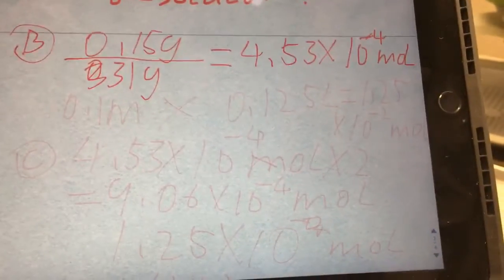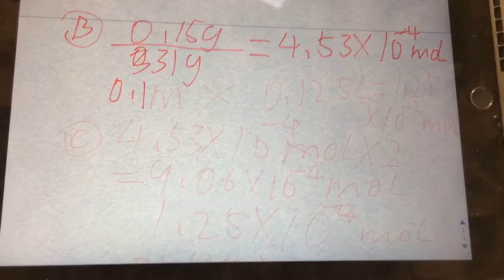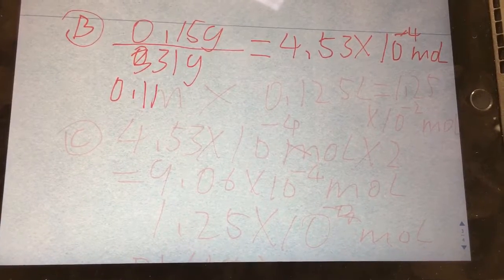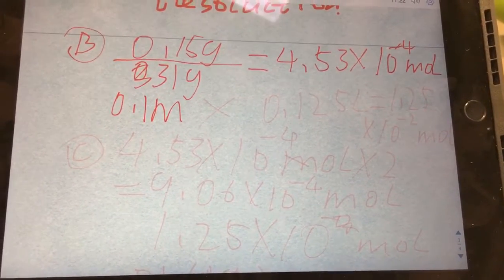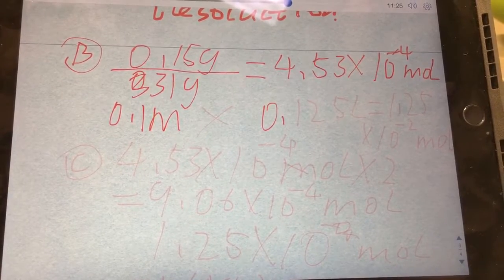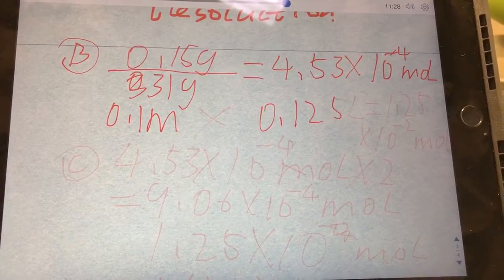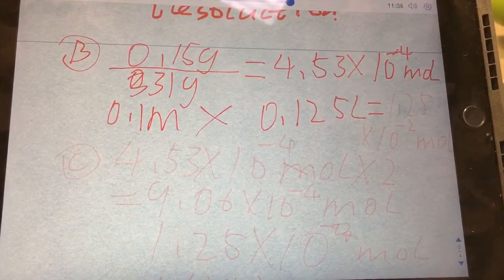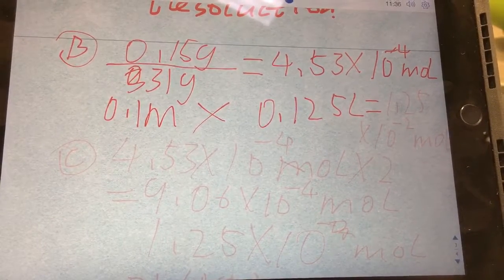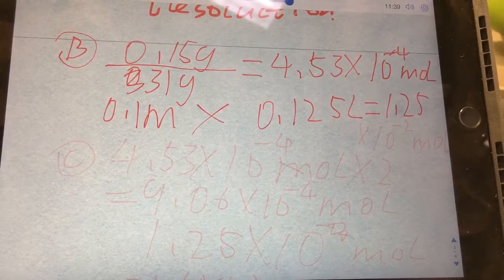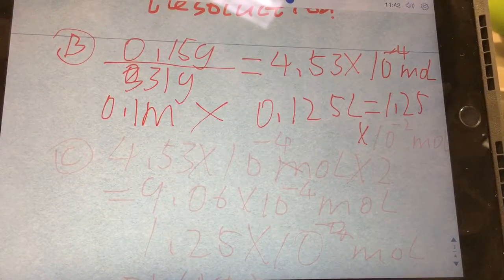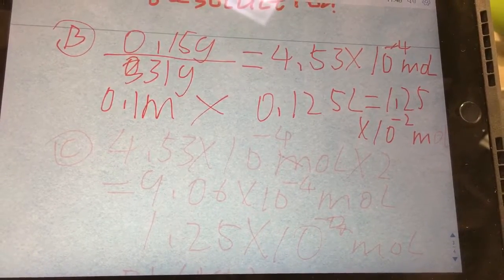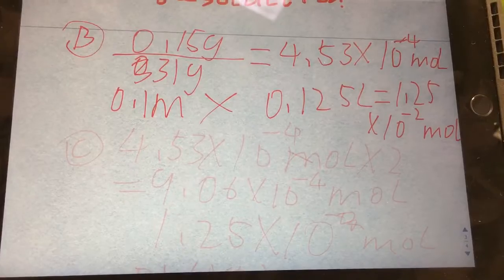And we have the molarity of 0.1 of the NaI, and we have 0.125 liters of NaI. So multiplying them, we have 1.25 times 10 to the negative 2 moles of NaI.